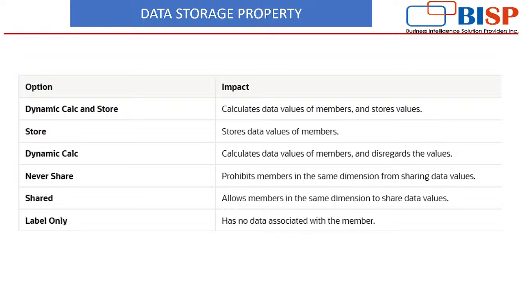Lastly, label only. Here it will just display the data of the first child member regardless of the aggregation setting of the children. So for all the members where we just want to view the data, we will use label only.